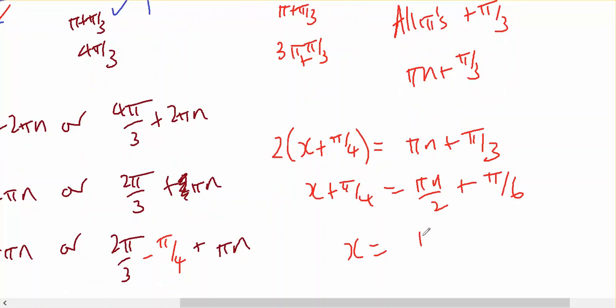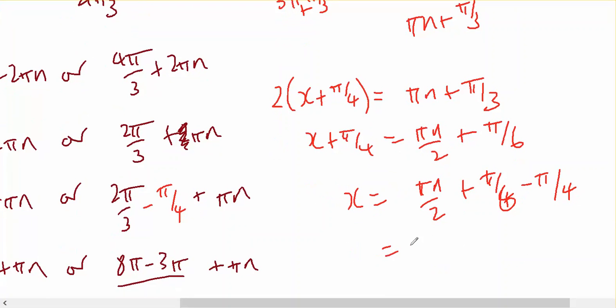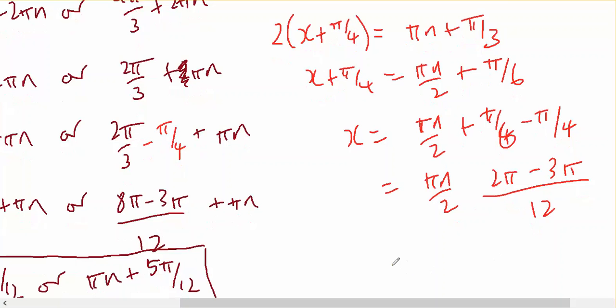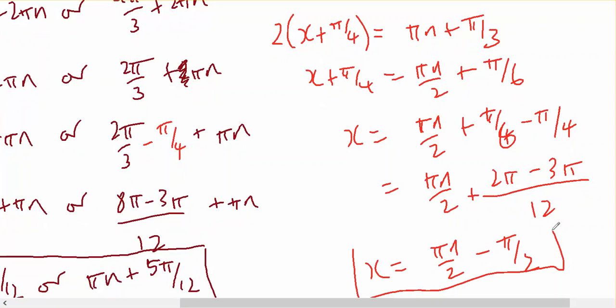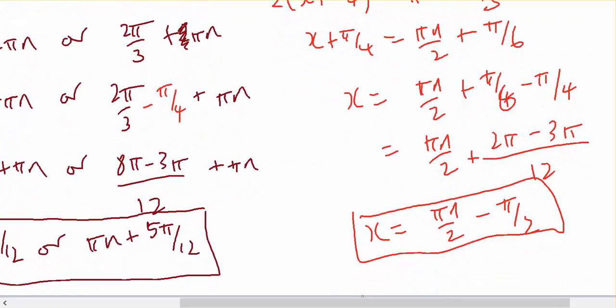So x will equal pi n on 2 plus pi on 6 minus pi on 4, which is pi n on 2 plus, all over 12, that's 2 pi minus 3 pi. So I've got pi n on 2 minus pi on 12 will be one general rule that covers all solutions.